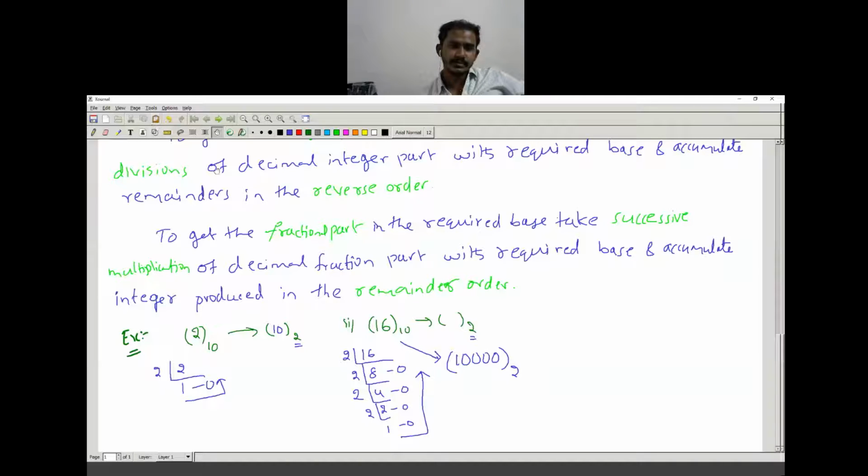Now tell me, everybody, the answer for this question. What is the decimal number 2 converted into base 4? I want to convert this decimal number into base 4. Could anybody answer this question?